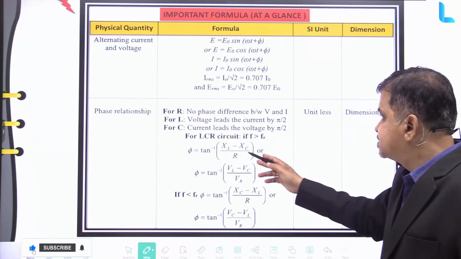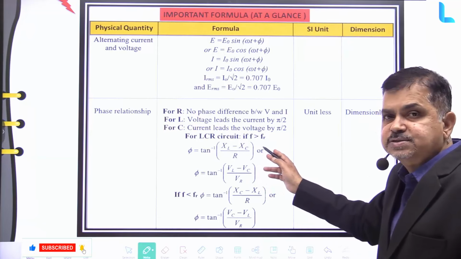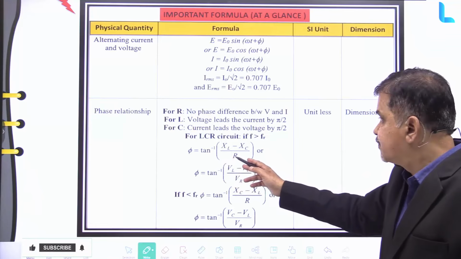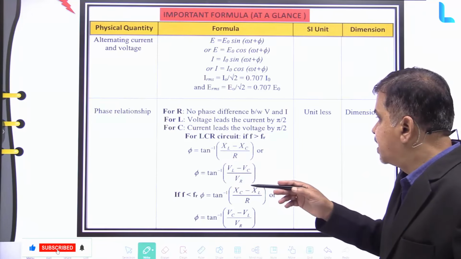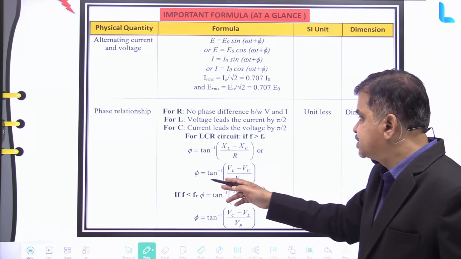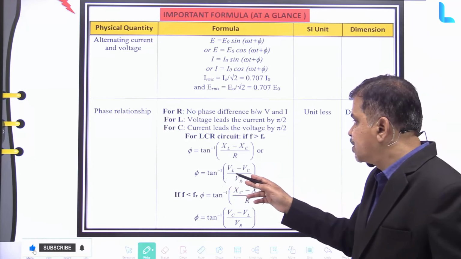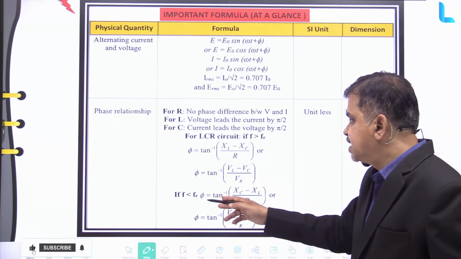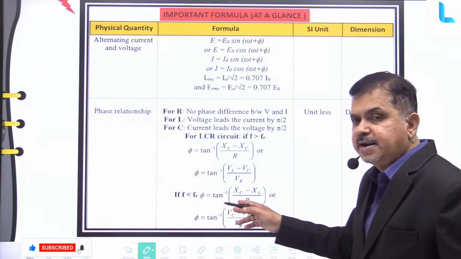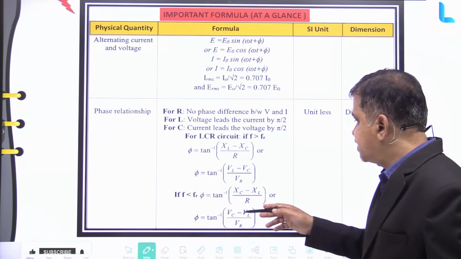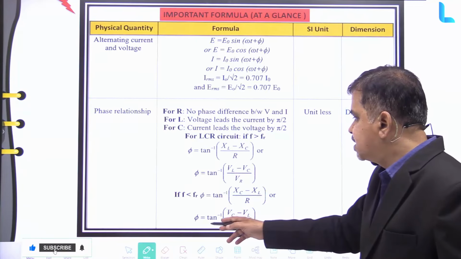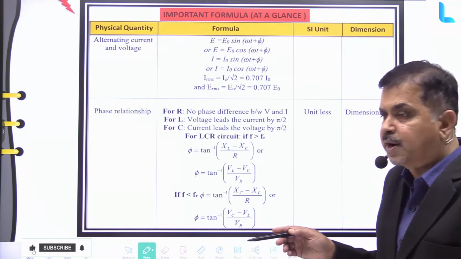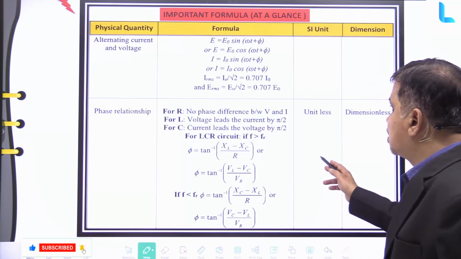Therefore for an LCR circuit, if F is greater than Fr, then phi equals tan inverse of XL minus XC divided by R, or phi equals tan inverse of VL minus VC divided by R. Further, if F is less than Fr, then phi equals tan inverse of XC minus XL divided by R, or tan inverse of VC minus VL divided by R, and these are unitless.